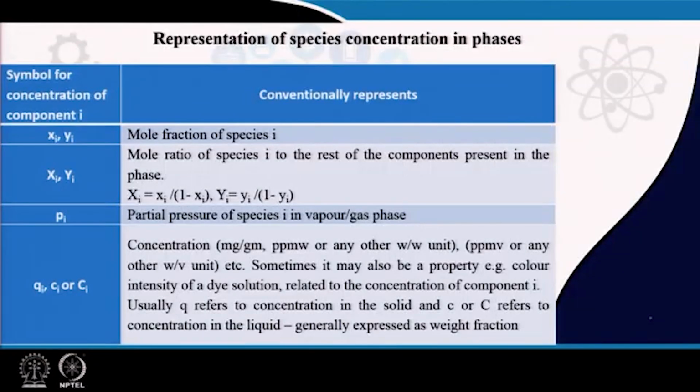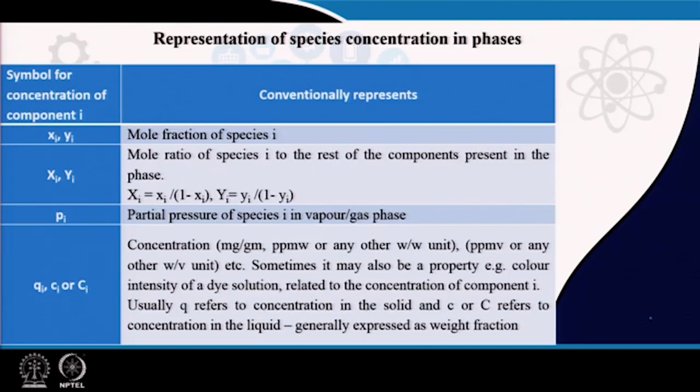So, therefore, how do we express the concentration of the component I, where I assume that the component I is the component which is being transferred from one phase to the other? In that particular case, how do we express the composition of component I?